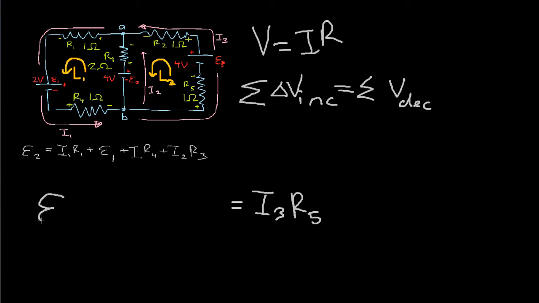Let's write that again. There we go. Now resistor 2. I don't think I need to say it anymore, right? So I3 R2. And then we have resistor 3 again.